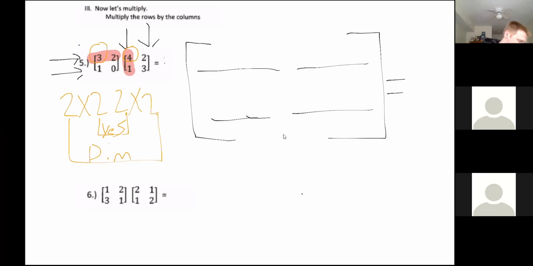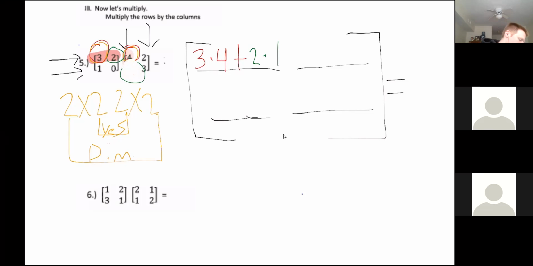I'm going to use different colors, it's easier to see. So we're going to do 3 times 4 plus, then we look at the second number in the row times the second number in the column. So it'd be 2 times 1. So now we're done with the first row and the first column.